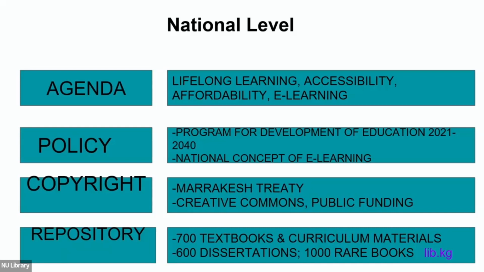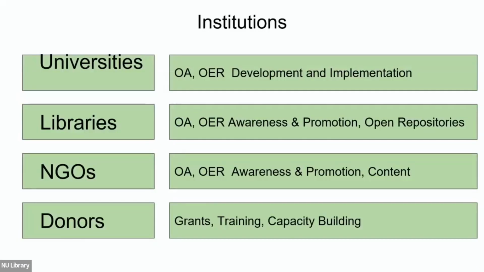At the institutional level, we are exploring open access and OER to different extents. Some of the recent examples include activities which include collaboration of the Library Association, some international partners such as the International EIFL Consortium, and Soros Kyrgyzstan Foundation, which is a branch of the Open Society Institute.